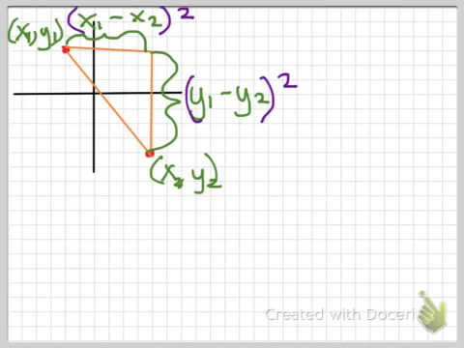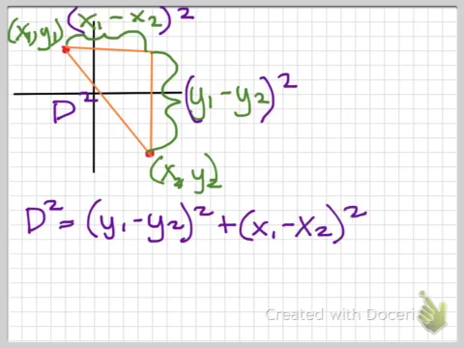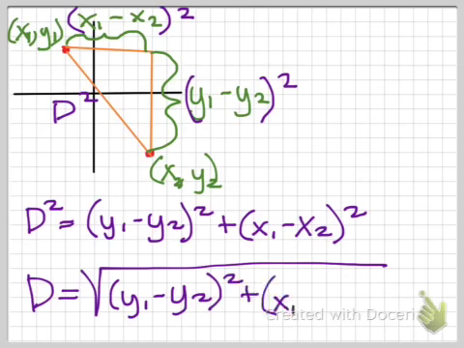Then we need to square both of those to find the distance squared. We need to add those two, and then the last step after we add them is we need to take the square root to find the distance. So the distance is equal to the square root of y1 minus y2 squared plus x1 minus x2 quantity squared.